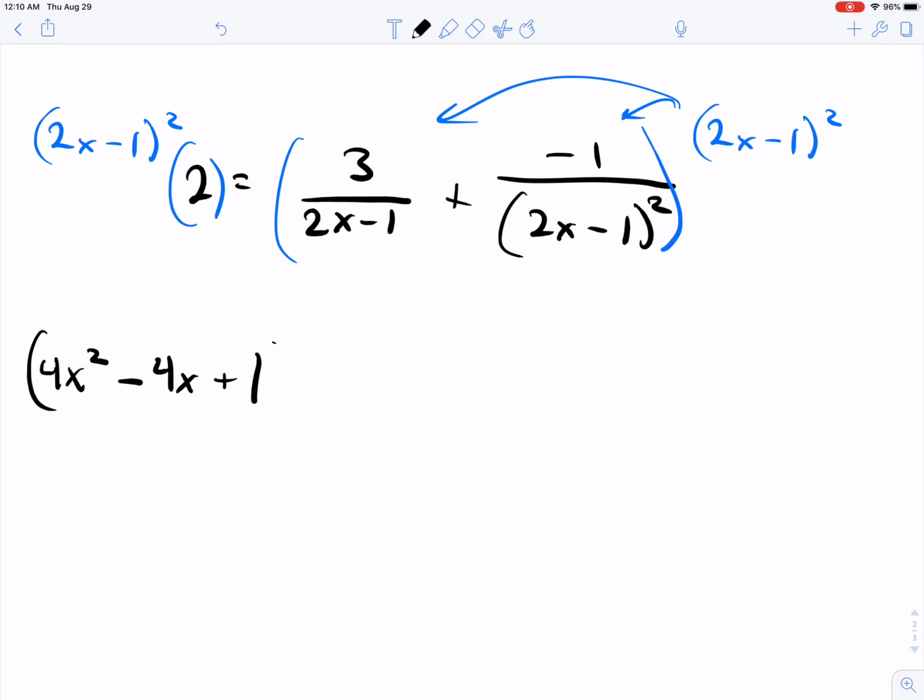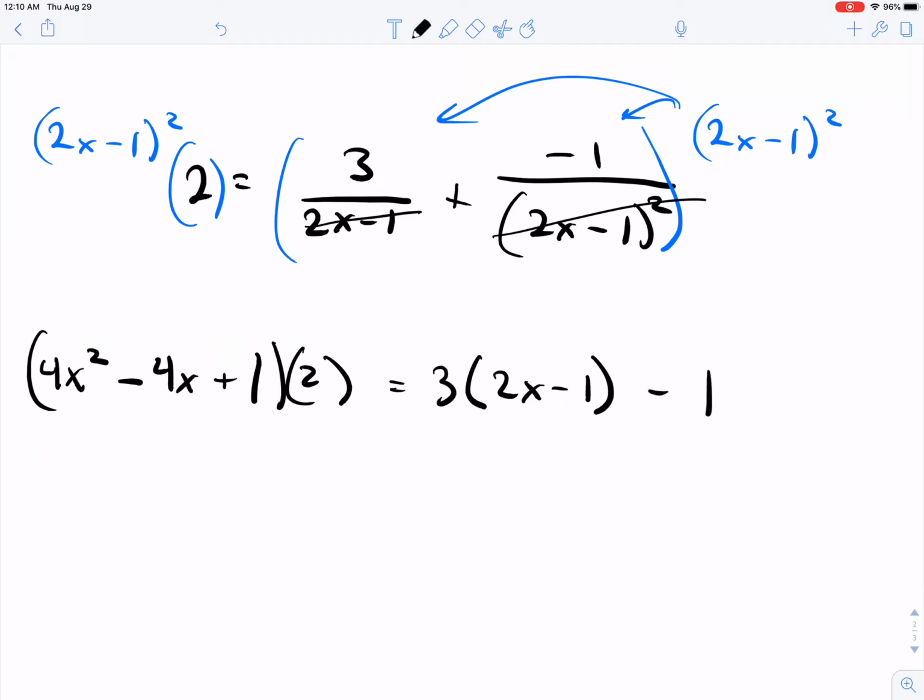Times 2, so the 2 is still there. And then on the right, if we distribute, one of these is going to cancel one of the others on top, so we're going to be left with 3 times 2x minus 1. And then this is going to be canceled by that, and we're just going to be left with minus 1.